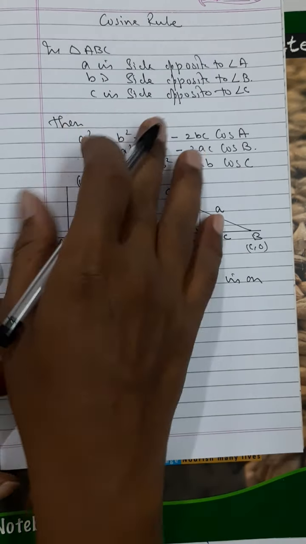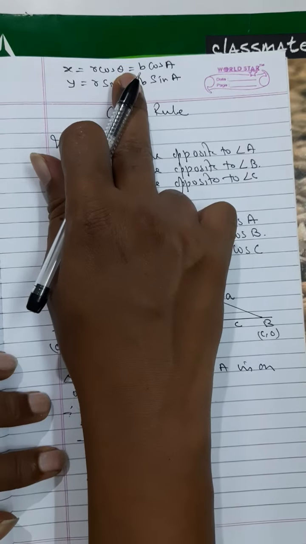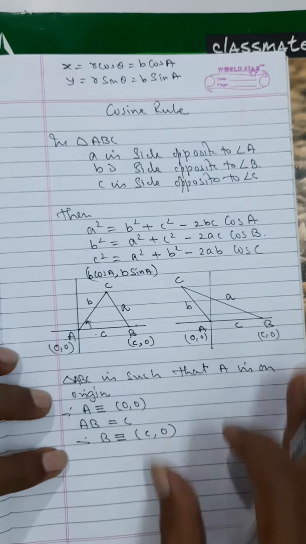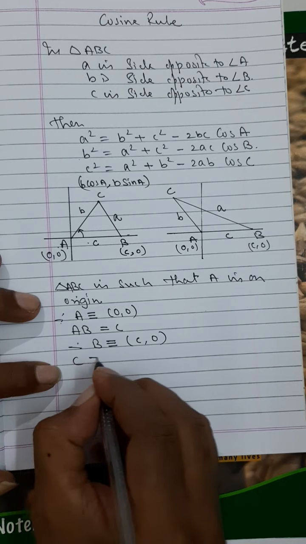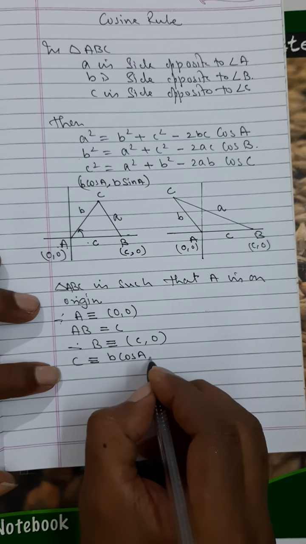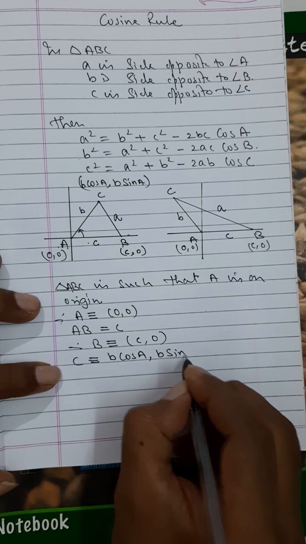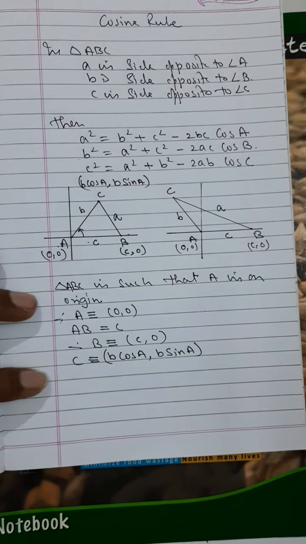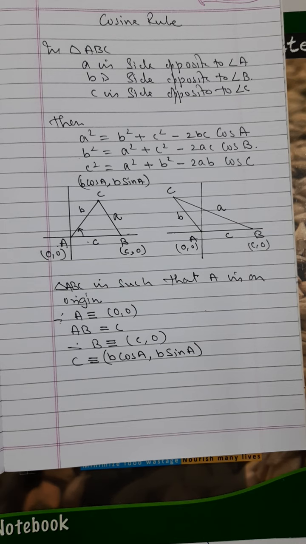You can, if you want, write everything using x equals r cos theta, or you can straight away say C corresponds to (b cos A, b sin A). Fine. This is the picture now.